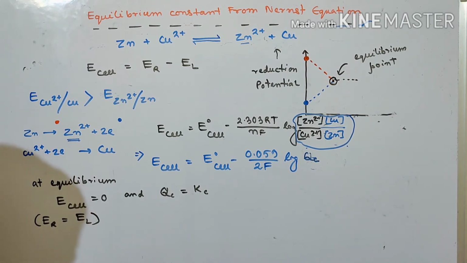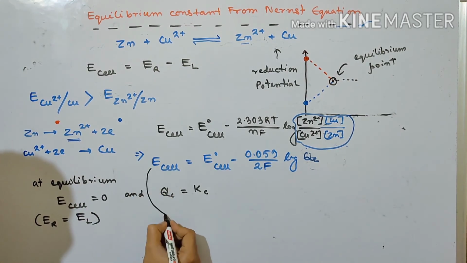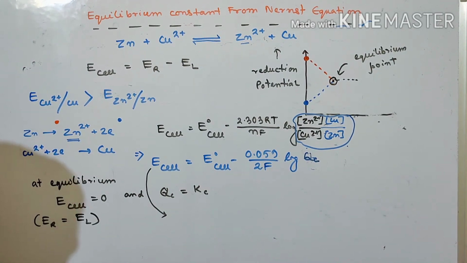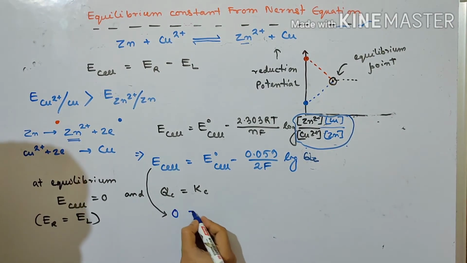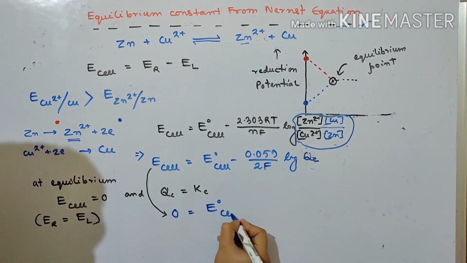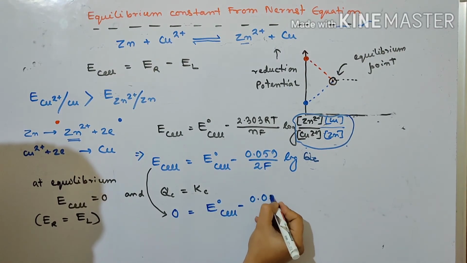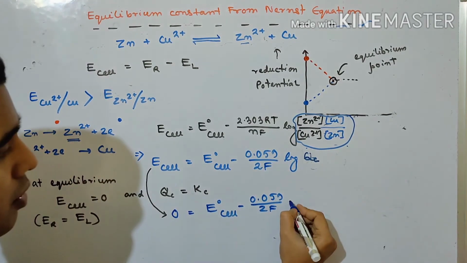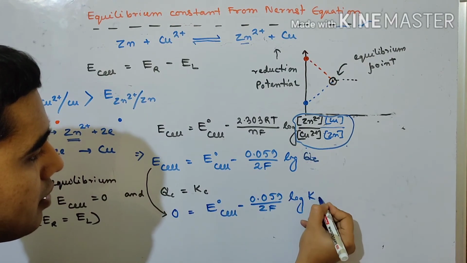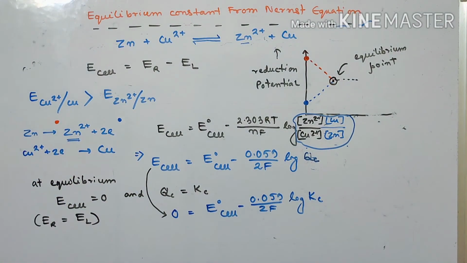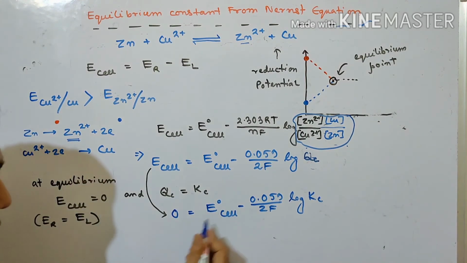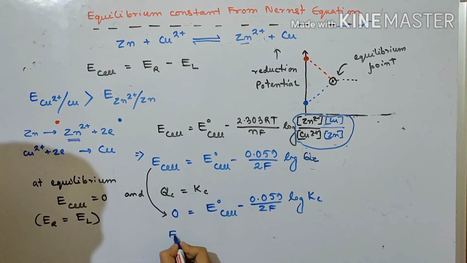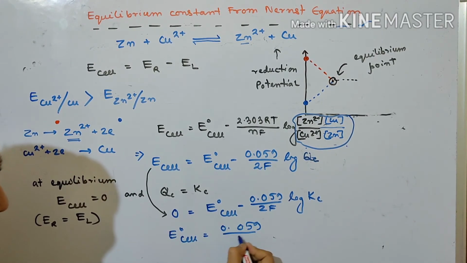So we can rewrite this particular equation as 0 is equal to E0 cell minus 0.059 by 2F log of Kc. Again, further simplifying, we will be getting E0 cell is equal to 0.059 by 2F log of Kc.